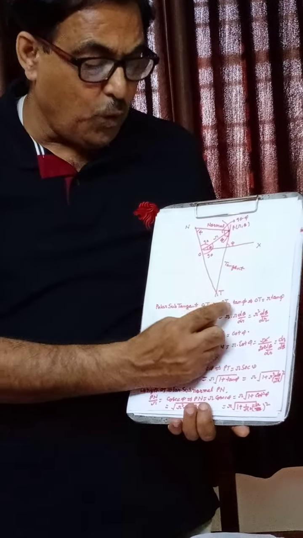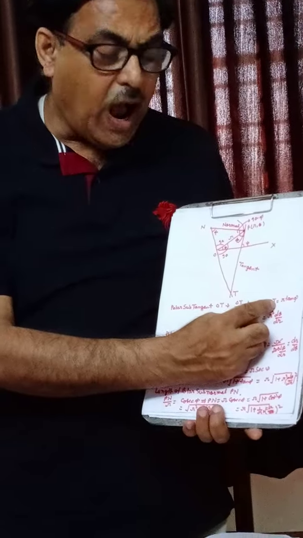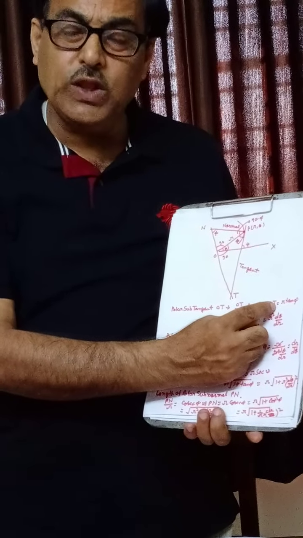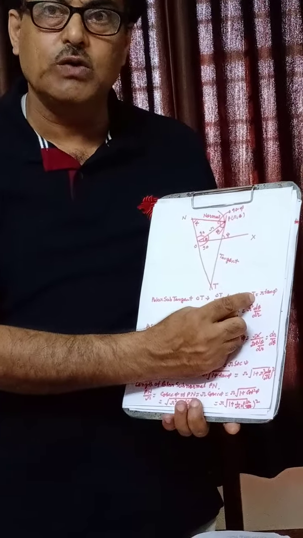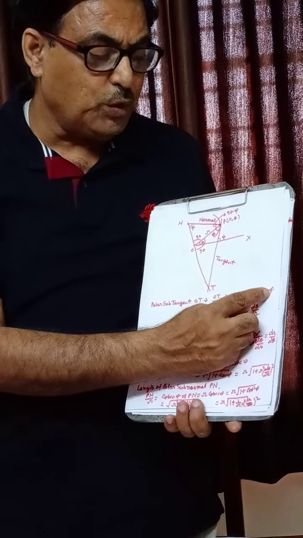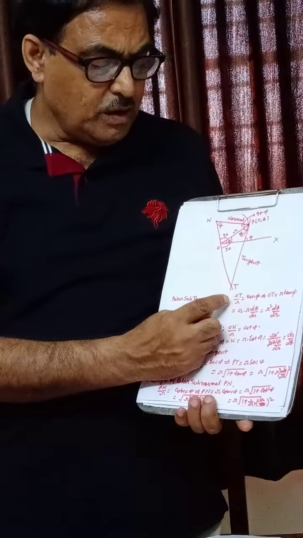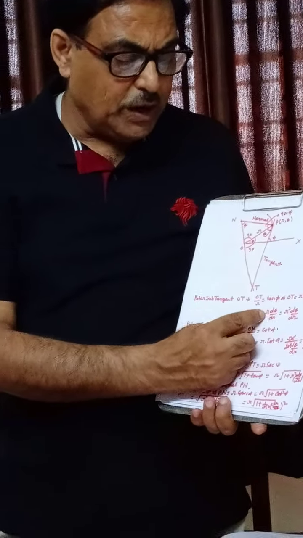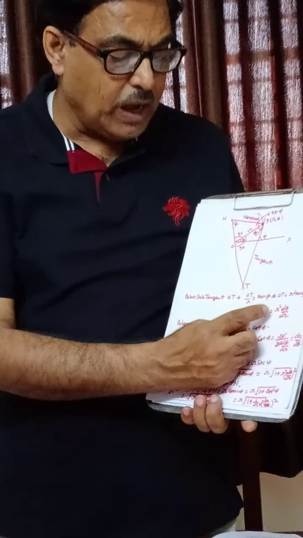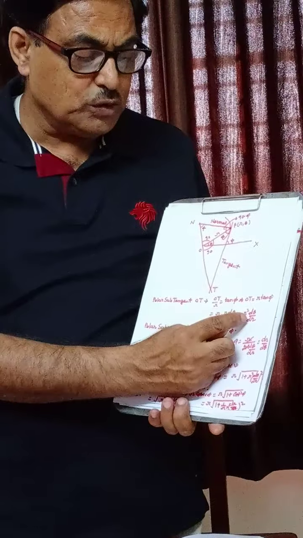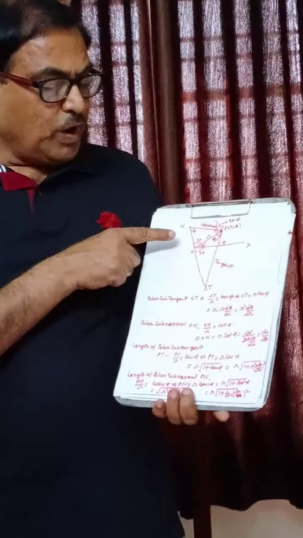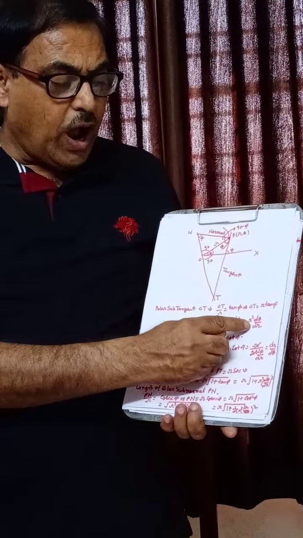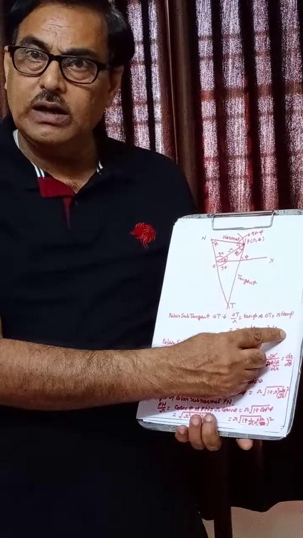It means OT is equal to r tan phi, and we found just before that tan phi is equal to r dθ/dr. So putting the value of tan phi, OT is equal to r into r dθ/dr, which is r² dθ/dr. So clearly, the polar subtangent OT is equal to r² dθ/dr.